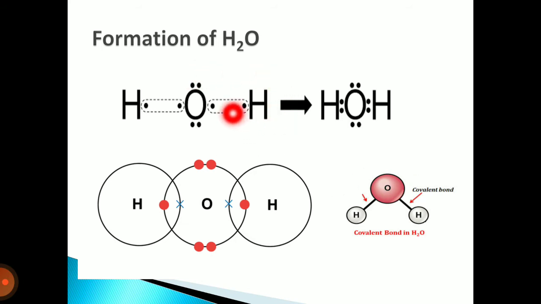There is one pair of electrons shared between the oxygen atom and each of these hydrogen atoms, so that hydrogen and oxygen complete their duplet and octet respectively and get bonded by a single covalent bond between oxygen and hydrogen atom.